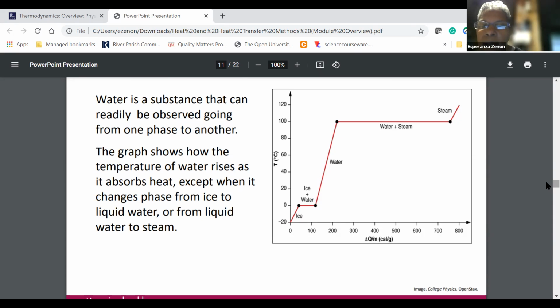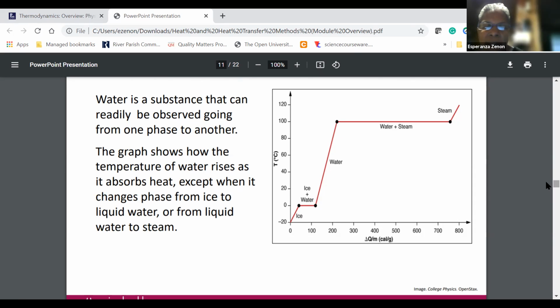So anytime water is undergoing a temperature difference, we need to use the first formula, Q equals MC delta T. Anytime water is undergoing a phase transition, we need to use the latent heat formula. So let's take a look.